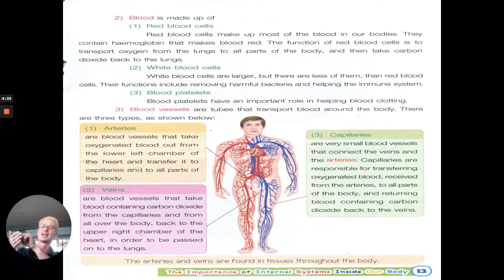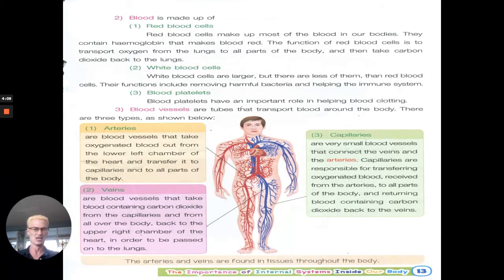For example, many red blood cells and just a few white blood cells. This is the difference in quantity. And their function is to remove harmful bacteria and help the immune system.